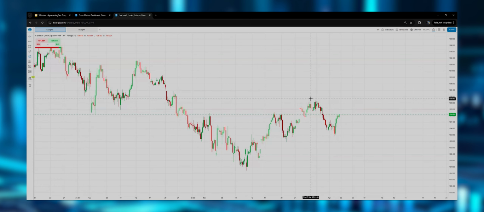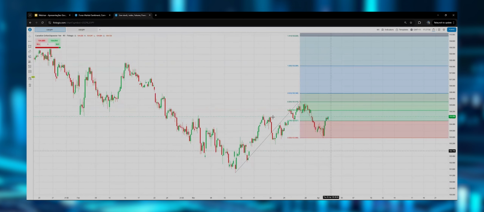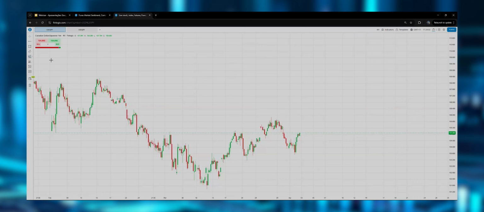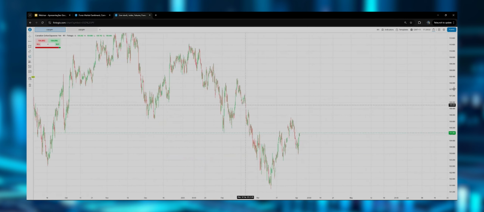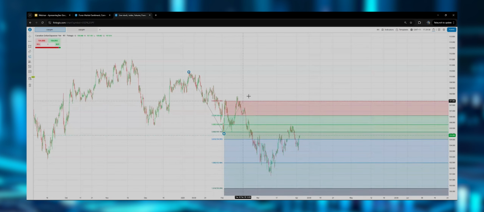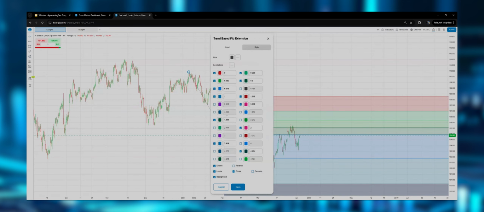What he was showing me is, if you want to target a down move, usually people go from here to here and then to here. Or you would be looking at here, here, and here, okay? But you can see that doesn't actually fit very well.